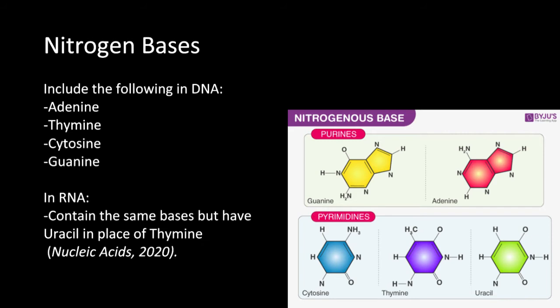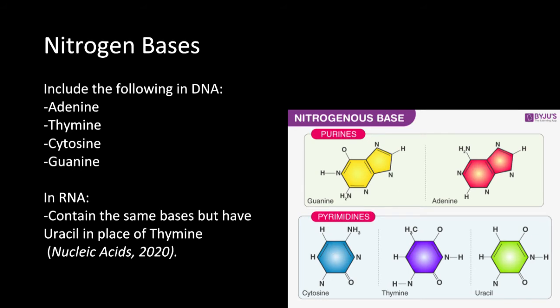The nitrogenous bases include the following in the DNA. So for DNA and RNA, the only difference is A, C, G, T and U. The A stands for adenine, T thymine, C cytosine, and G guanine. And for RNA, thymine is replaced by uracil. And there are different categories, purines and pyrimidines.